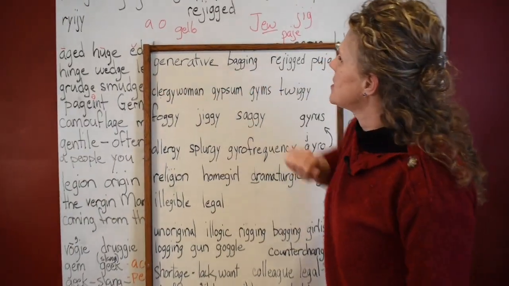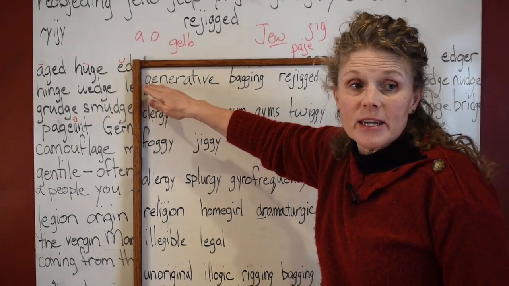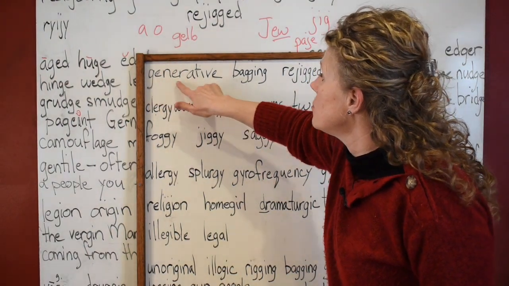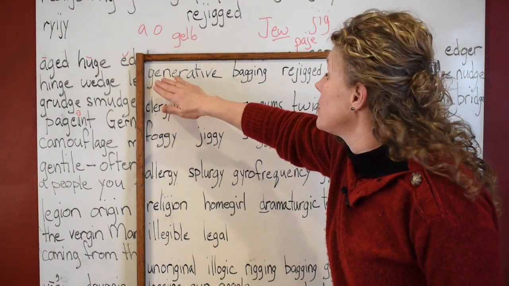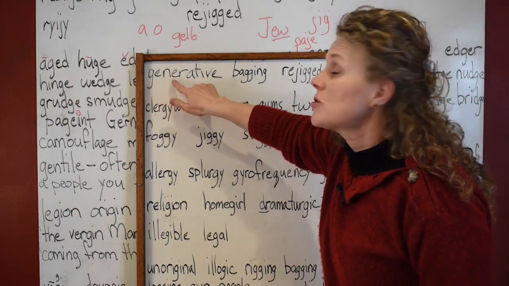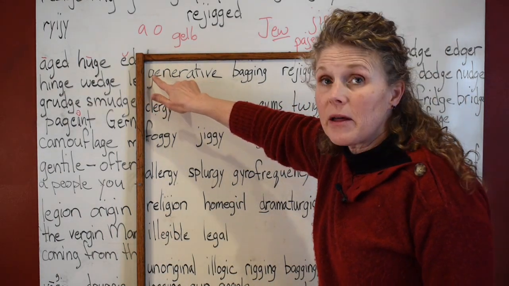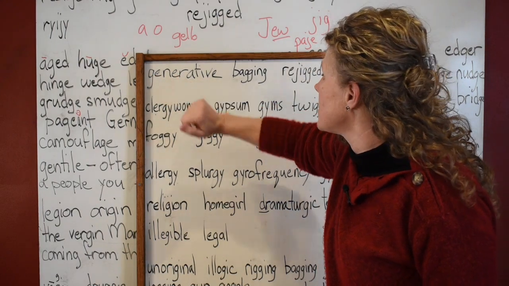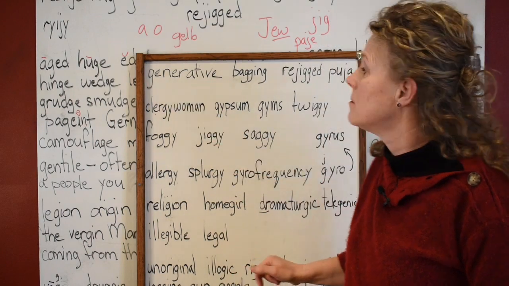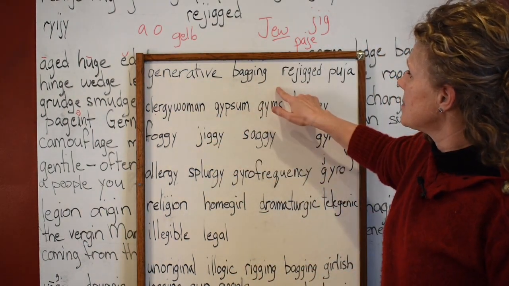Okay, generative. Look at this. This is Greek, this right here, gene or gen, however, in this word it's generative. If you learned how to spell that Greek combining form that we've talked about in another lesson, this will help you spell this word. Bagging.